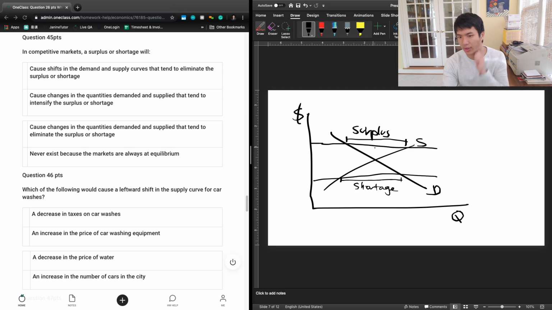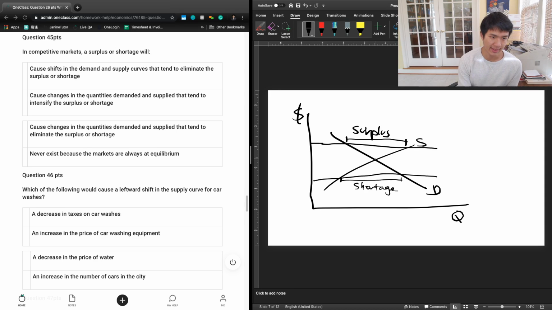Whereas if you have a surplus, the quantities demanded and supplied are going to shift, and they're going to move the price lower until you reach the equilibrium point as well, until a surplus or a shortage is eliminated. So we're going to look for an answer choice that talks about how the surplus or shortage is going to be eliminated by movement towards the equilibrium.